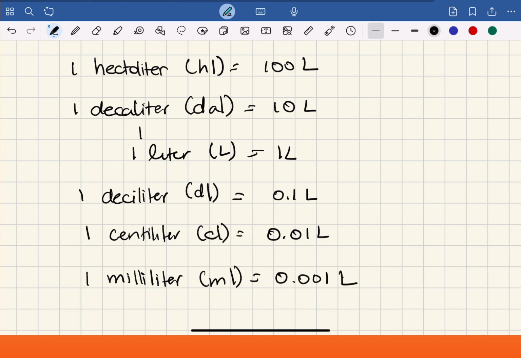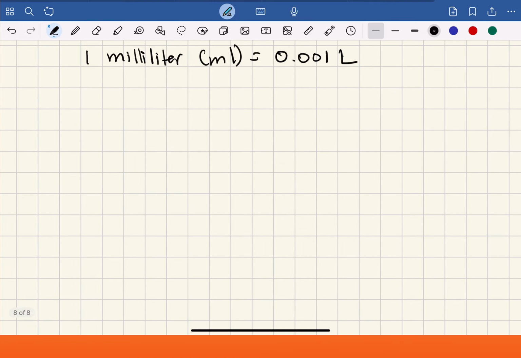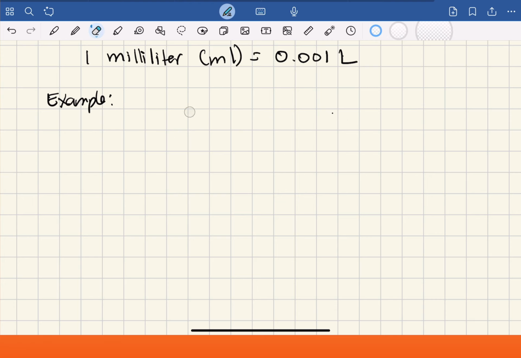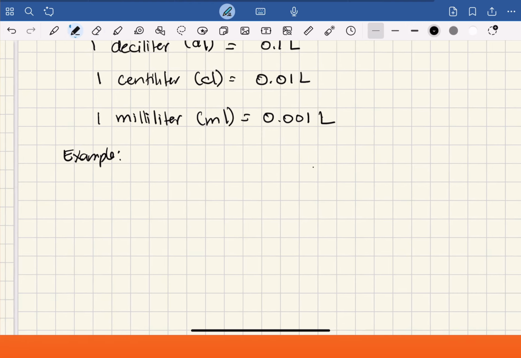Okay, now let's do an example right here. So now what if I say convert 4,327 centiliters to liters? Actually, let's make this one a little bit more challenging. So hopefully if you were following along, you have different conversion rates.